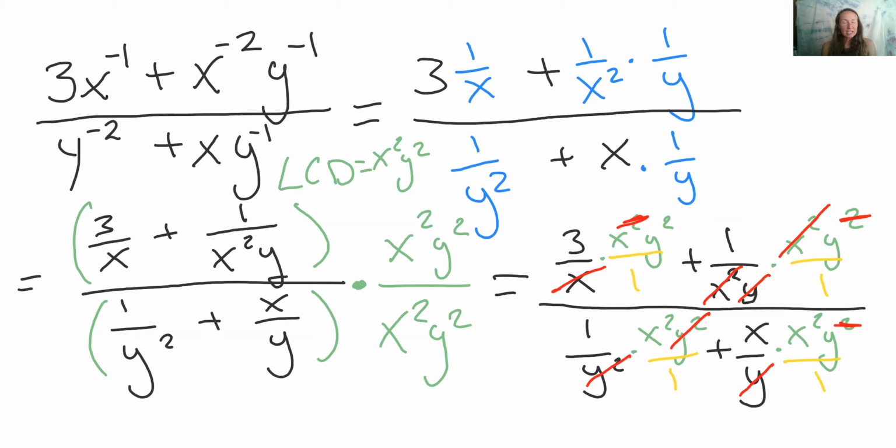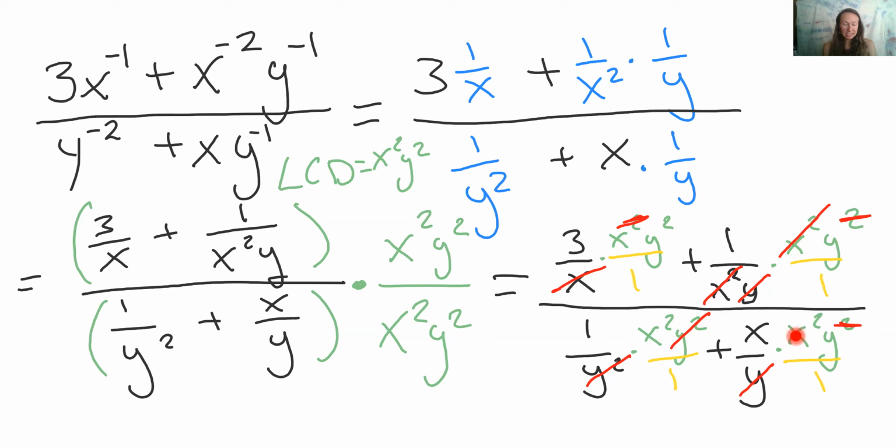So you can take a look at what we're going to have left here: 3xy squared plus y over x squared plus x to the third, right?